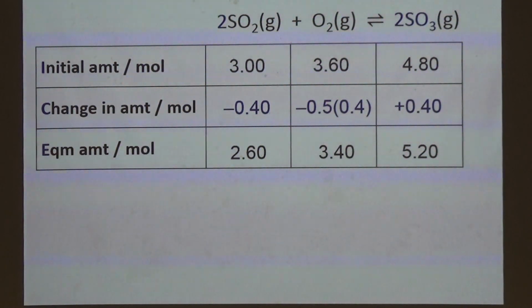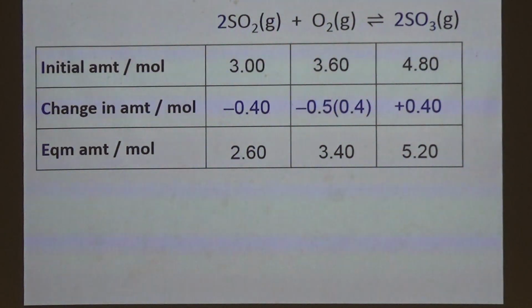We are very close to the answer, but we haven't really answered the question. The question wants us to express it in terms of partial pressure. But what we have from the question is the final equilibrium pressure is 1.40 atm. So how can I express this amount into partial pressure?